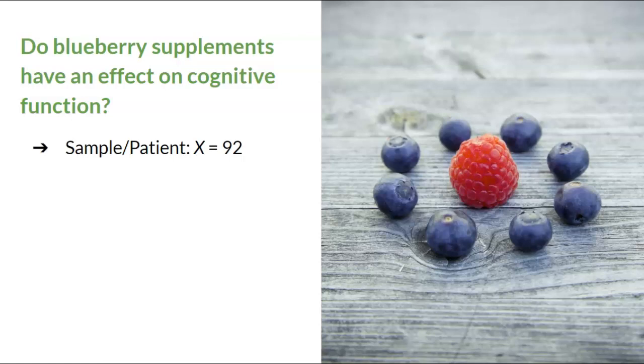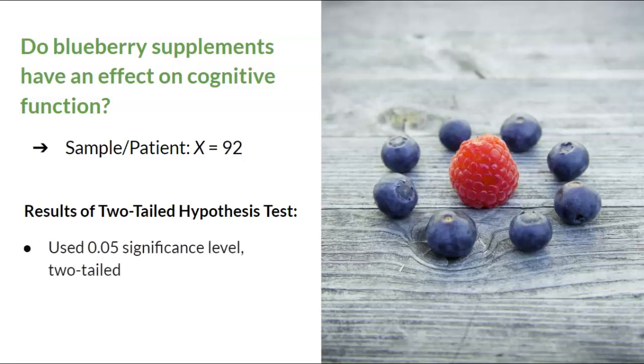measures cognitive functioning. Since this was considered new research, we are not sure what effect or what direction blueberry supplements would have on cognitive functioning. So we used a two-tailed hypothesis test for this research study. When conducting the hypothesis test, we used a 0.05 significance level, two-tailed.